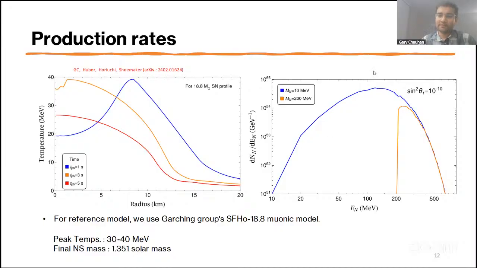For the very light sterile, which is less than the average peak temperature of the supernova, the average energy peaks at 3 times the temperature, which is around 120 MeV. But if the mass of the sterile is very high, which is 200 MeV, far greater than a few times the temperature, then it cannot be produced with very high energies. But depending on the mixing angles, the production rate can still be very high. They are very much produced near the mass threshold of their masses.